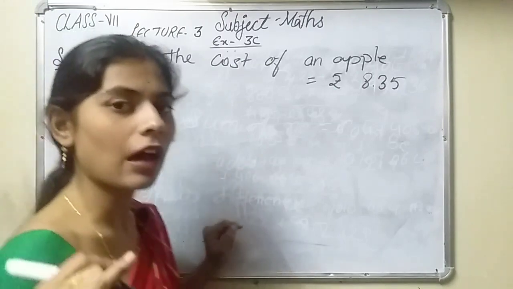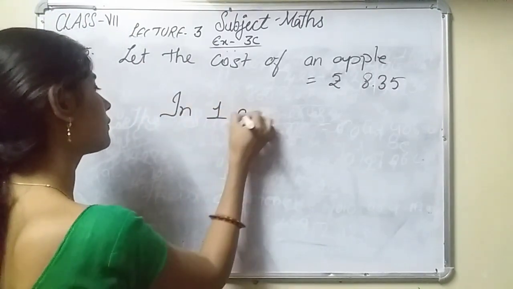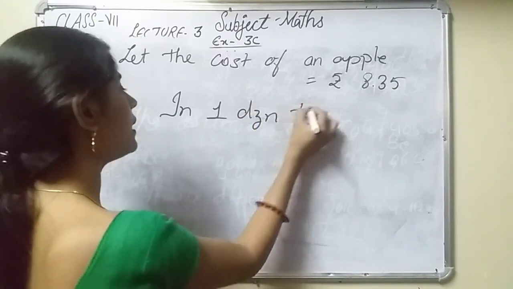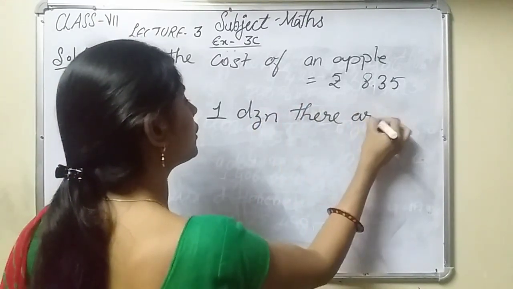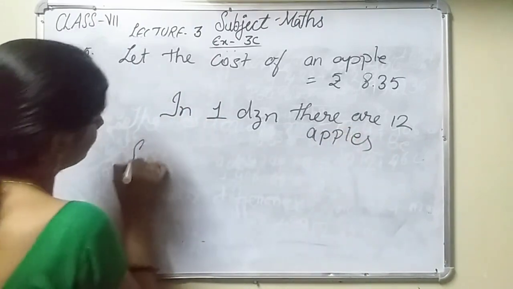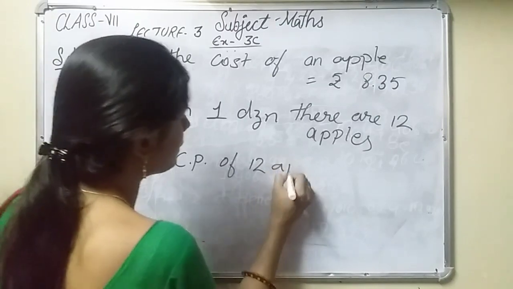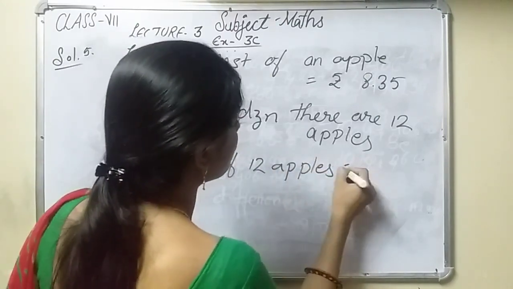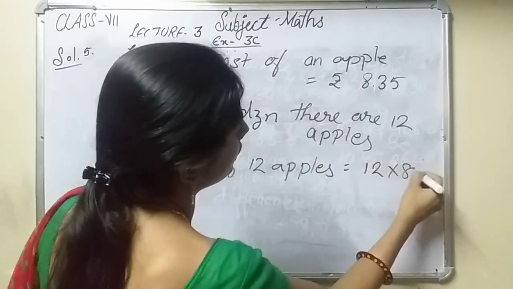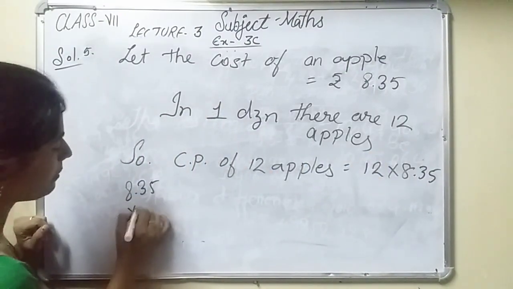Now see, what is the price of a dozen apples? In one dozen, how many apples will come here? In one dozen there are 12 apples. So the cost price of 12 apples is equal to 12 into 8.35. Multiply it: 8.35 multiplied by 12.